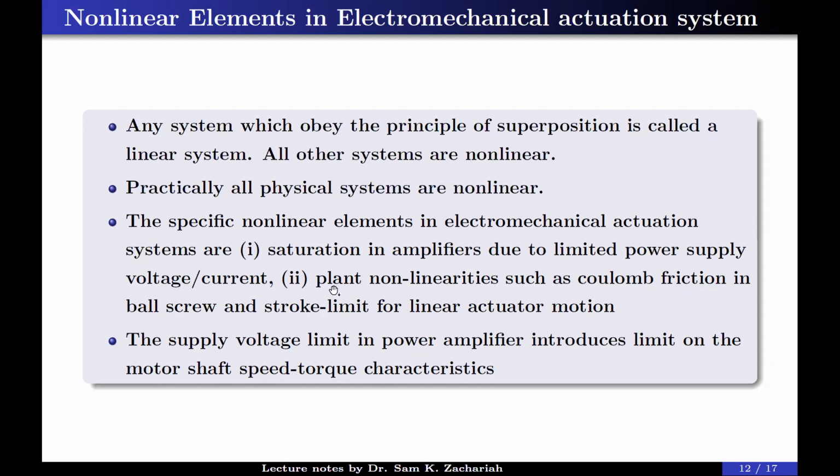Next is the mechanical plant non-linearity, such as Coulomb friction in the ball screw and stroke limit for linear actuator motion. All these come under the mechanical part. Another is the power supply voltage limit in the power amplifier, which introduces a limit on the motor shaft speed and torque characteristics; that we will also see.